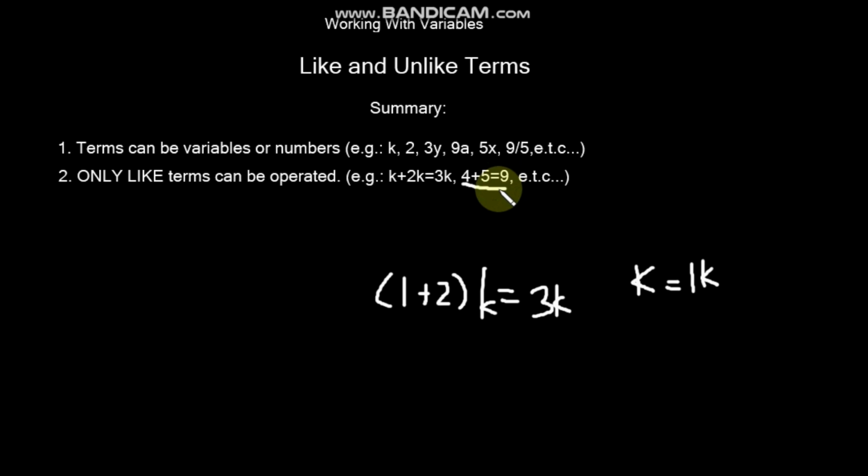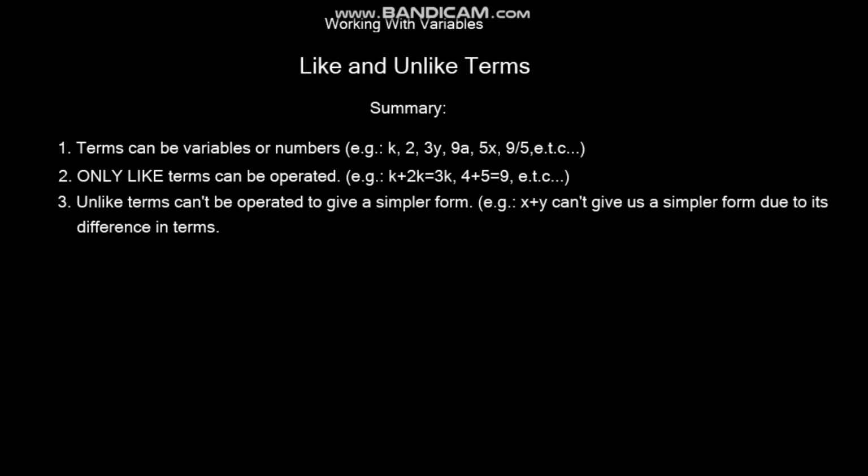So let's go to the third and last summary. The final summarization, yet not the least, is that unlike terms cannot be operated to give a simpler form. For example, x plus y can't give us a simpler form due to its difference in terms. But remember that if we say 2x equals 3y, we can find the value of x or y in terms of the other.